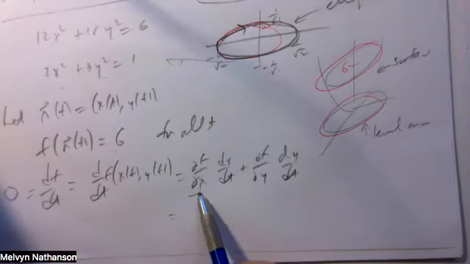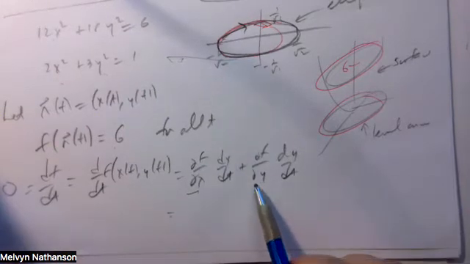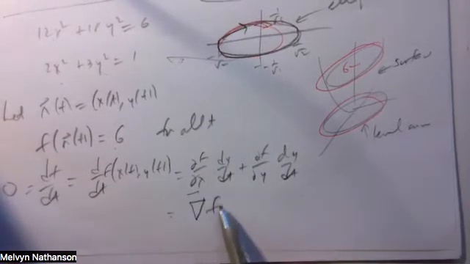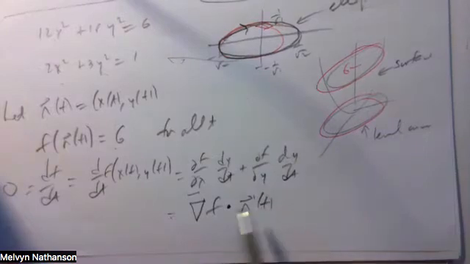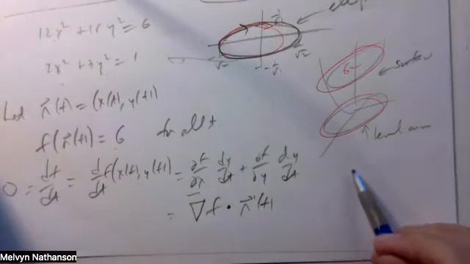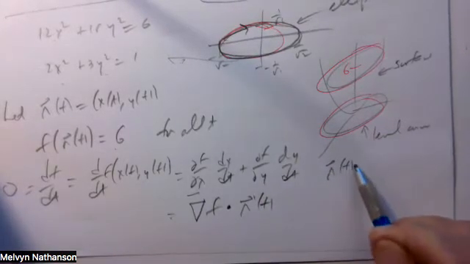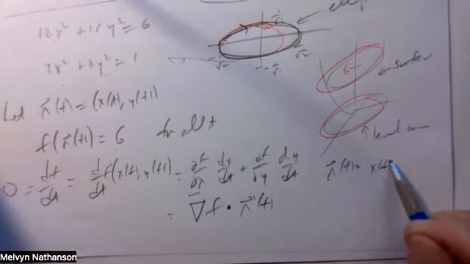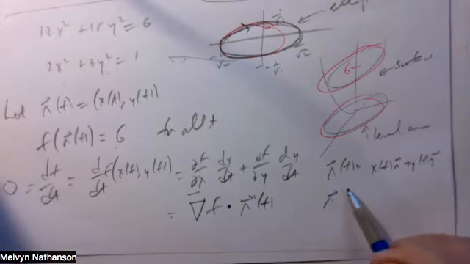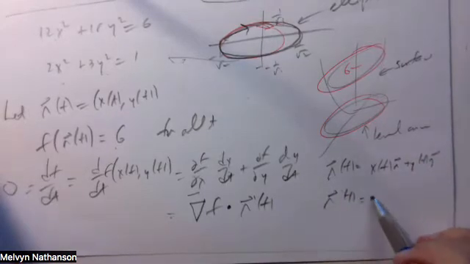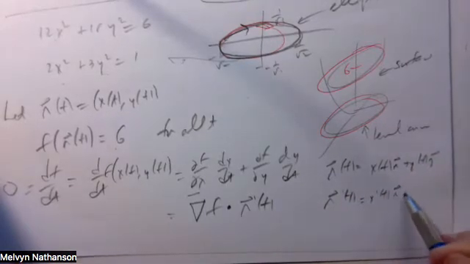That is the partial of f with respect to x and the partial of f with respect to y, that's the gradient of f. And dx dt, dy dt, that's the tangent vector to the curve. That's r prime of t, right? If r of t is x of t i plus y of t j, then r prime of t is just what you get by differentiating your two coordinates.